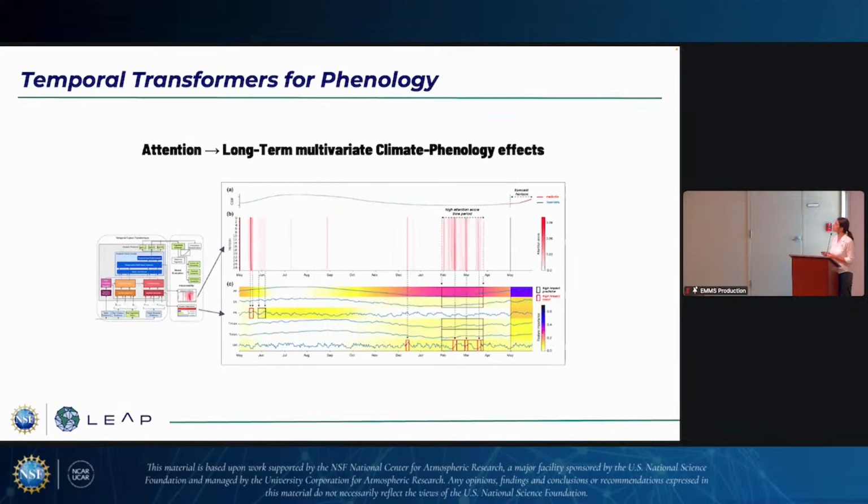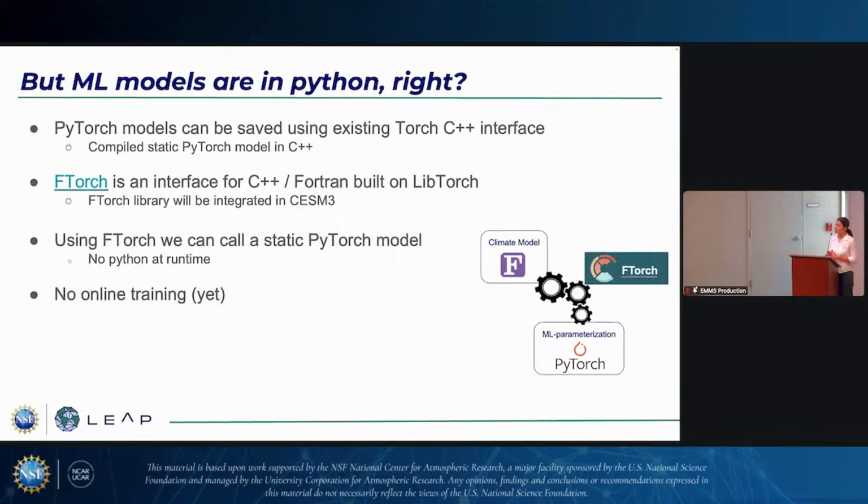And now more onto the results, and I hope that this just introduced even more the importance of a long-term multivariate climate phenology effect. So we're using FTorch as an interface for Fortran to add this machine learning model that's based in PyTorch and add it to the CLM and be able to test it there.